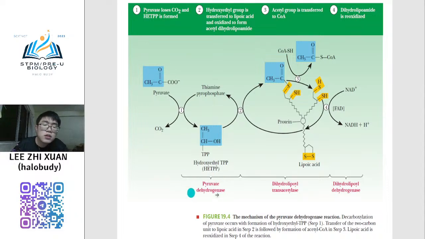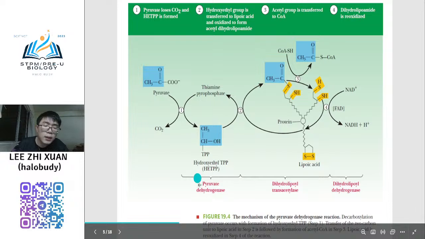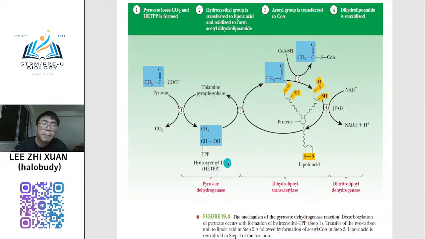This reaction uses the enzyme pyruvate dehydrogenase. It will form hydroxyl ethyl TPP. This is the IUPAC name, hydroxyl ethyl, because it contains a hydroxyl group and also an ethyl group.